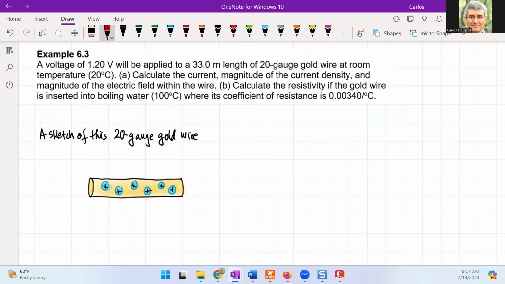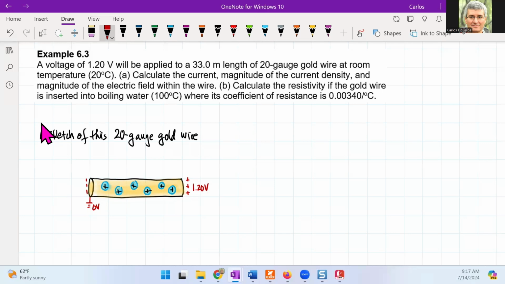So if I place a voltage drop, that means on this end, this is going to be a potential of 1.2 volts. Over here is going to be negative, and this guy we then set to 0 volts.